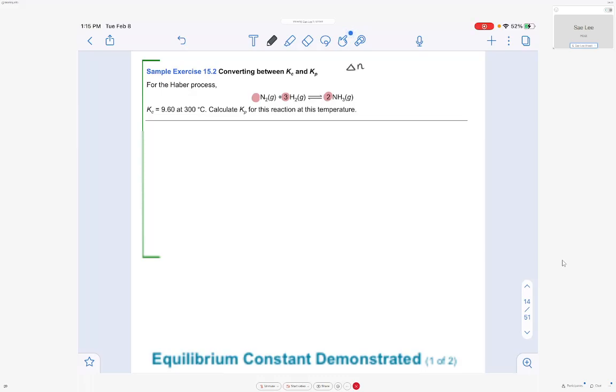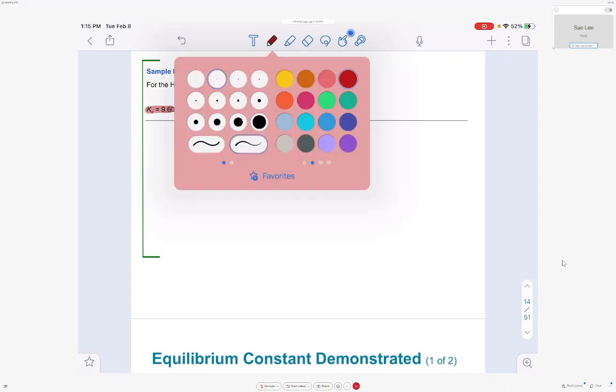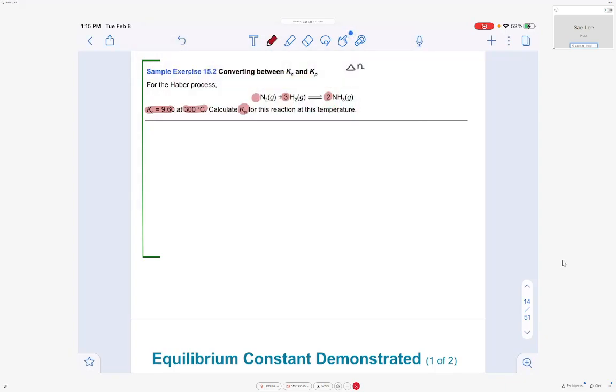We are provided with the Kc information, the temperature, and we know the gas constant, so now we can easily find Kp using the equation that we just learned. I'm going to write the equation first: Kp equals Kc times RT raised to the power of change in mole.